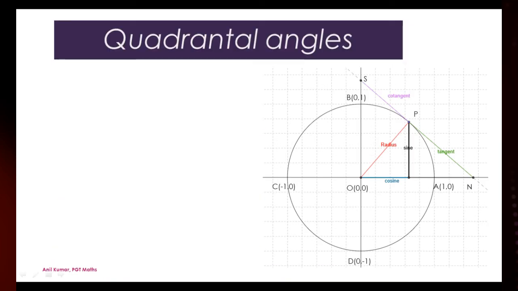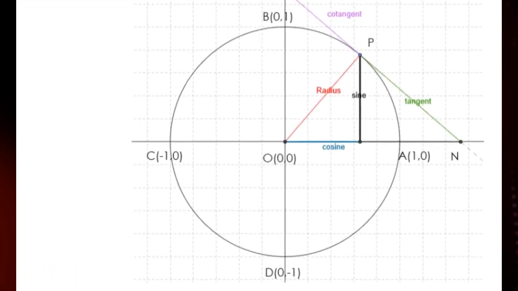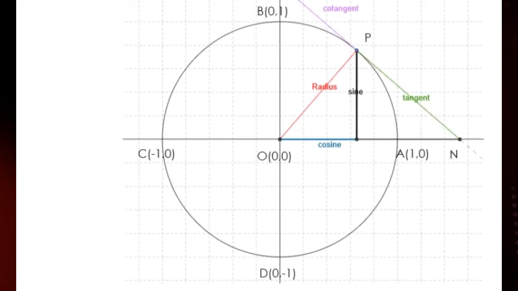Now what's a quadrant angle? If I move this radius OP throughout the circle and make the complete revolution, it will rotate by the angle 2 pi. If I make 4 equal parts, at point B the radius will be at an angle of 90 degrees, that is pi by 2.